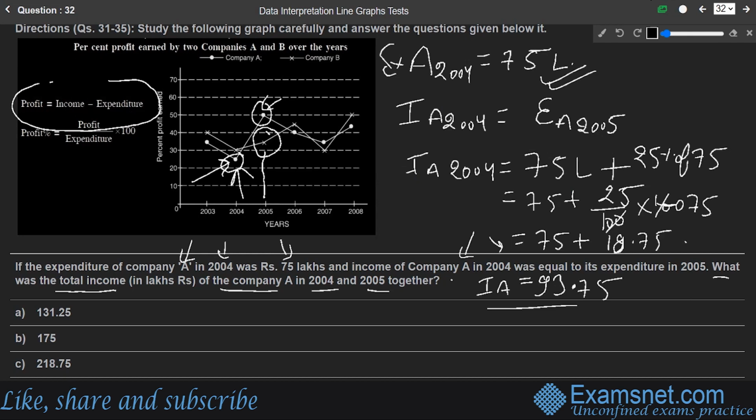As they said, the expenditure of company A in 2005 is equal to the income of company A in 2004. So the expenditure of company A in 2005 will simply be equal to the income of A in 2004, which we have just calculated as 93.75.